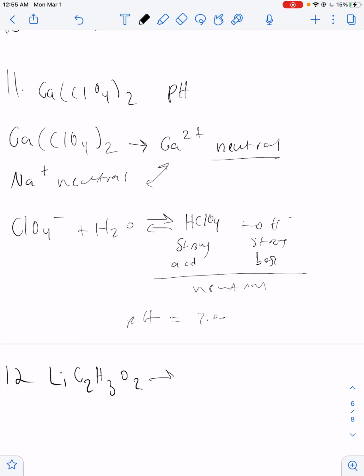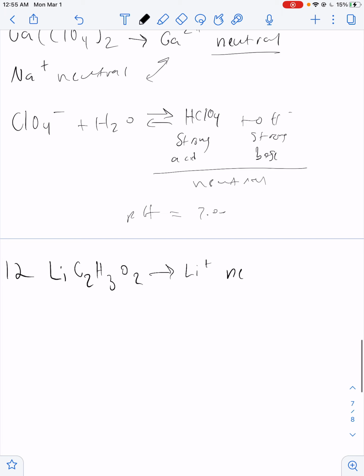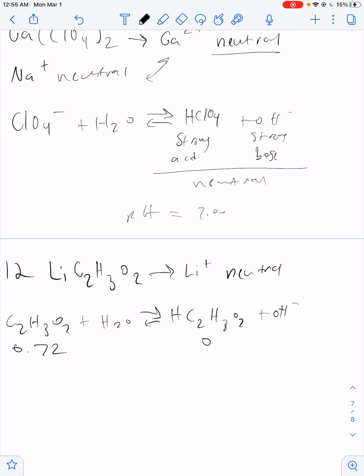That's going to dissociate into Li+, which is neutral, and C2H3O2- plus H2O goes to HC2H3O2 plus OH-, and then it gives us the initial of this one. This is 0, 0, minus X, plus X, plus X.